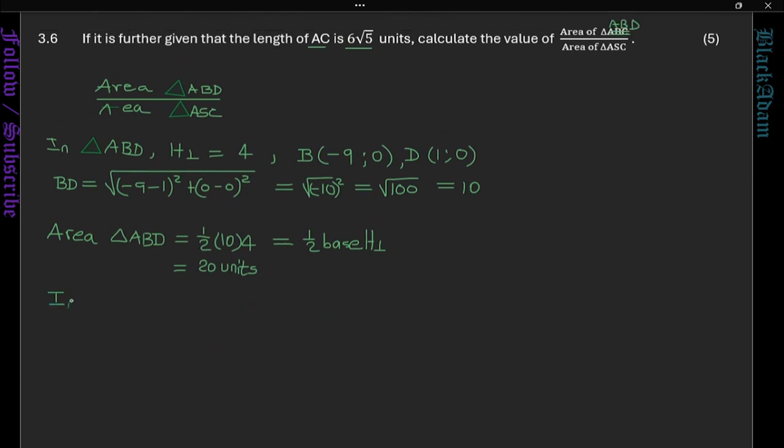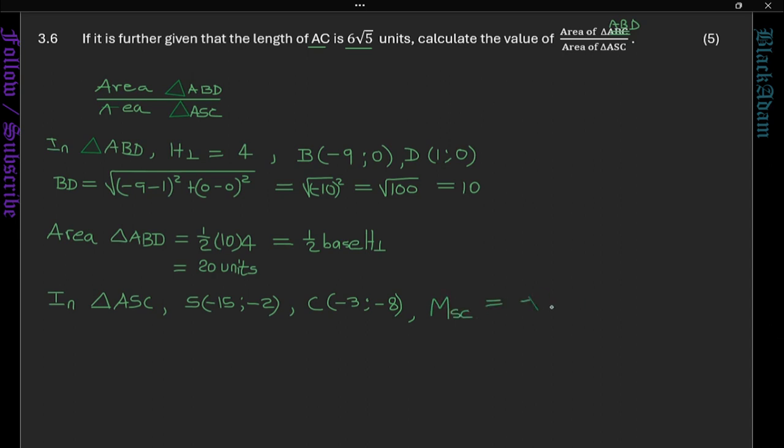Alright, then from there in triangle ASC, let's see what we have. We have S as negative 15, negative 2, and C as negative 3, negative 8, and then we need to find the gradient SC.